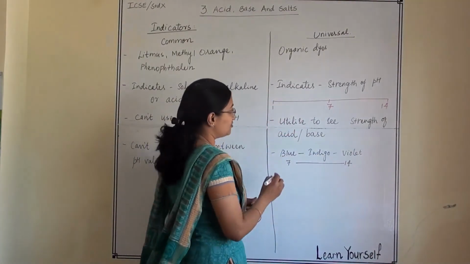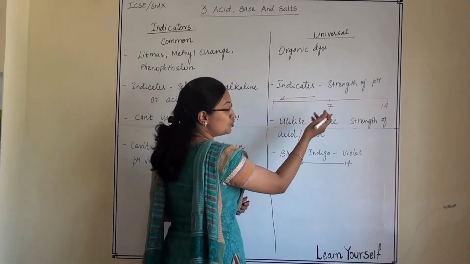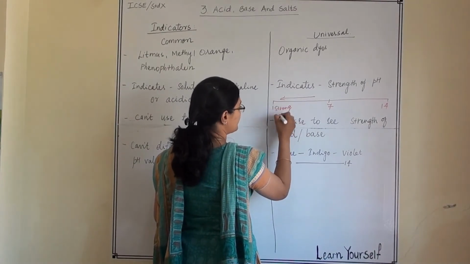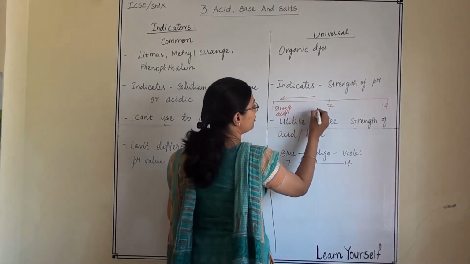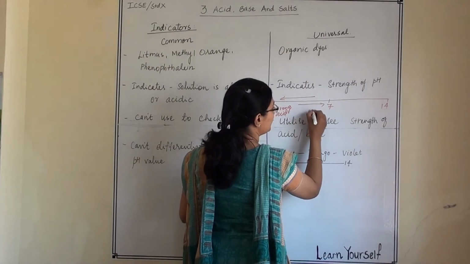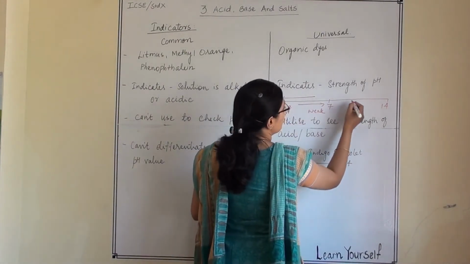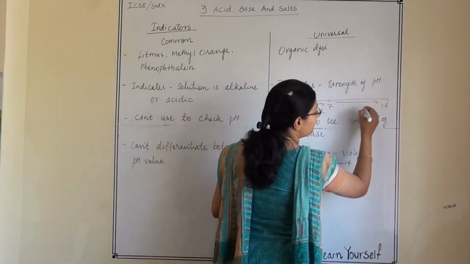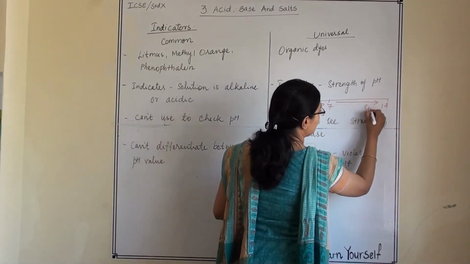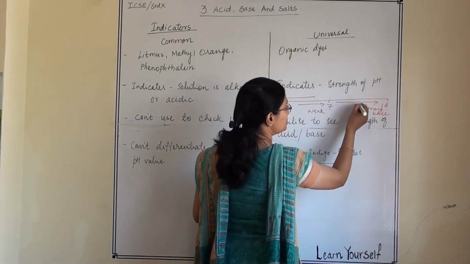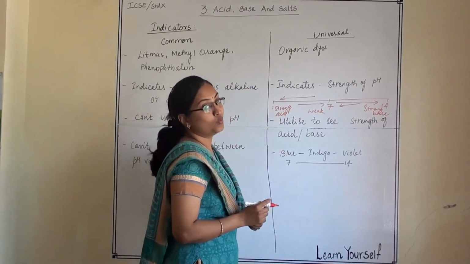This is our pH range. If it goes towards 1, then it is a strong acid. If it goes towards 7, it becomes weak and weaker. As it goes far from 7, it is a strong base, and as it comes near to 7, it is a weak base.